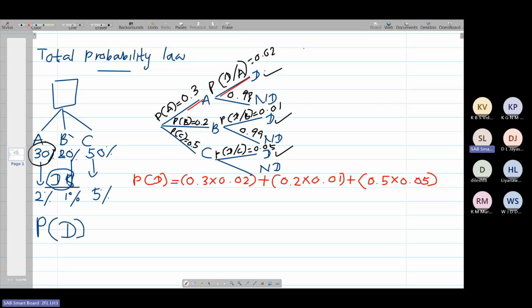Then you simplify it: 0.006, 0.002 plus 0.025, which means 0.033. It's the overall defective rate. Clear? This theorem we call the total probability law.